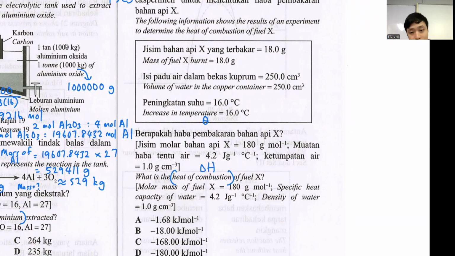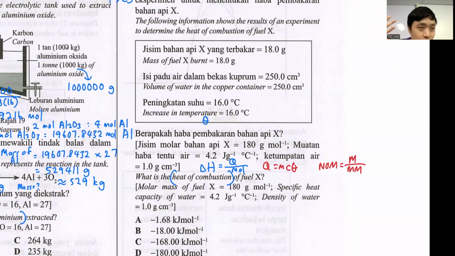3 steps to find delta H. Delta H equals Q divided by mole, but the first step to get Q is Q equals mc theta. The second part is number of mole, which in this case, for combustion, is mass divided by molar mass.